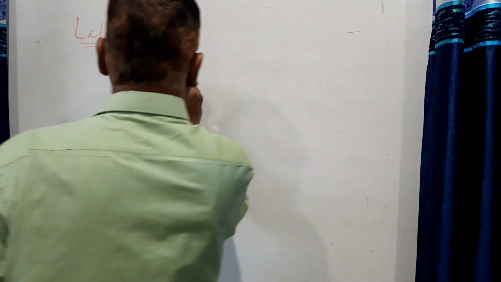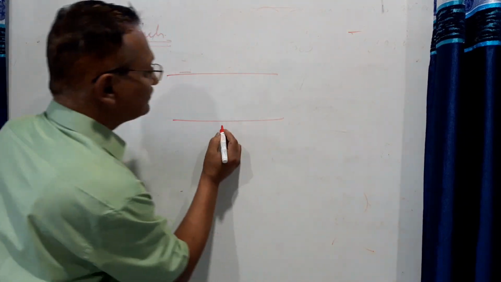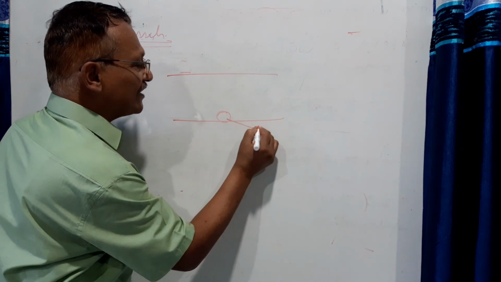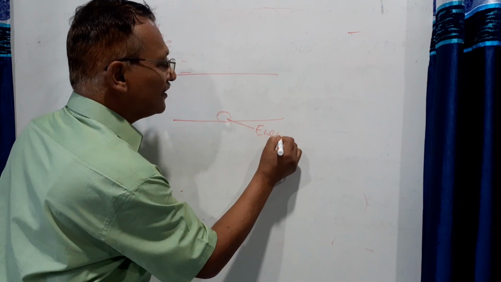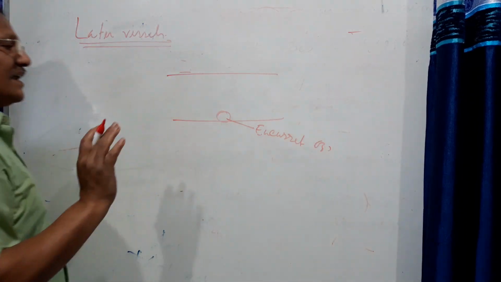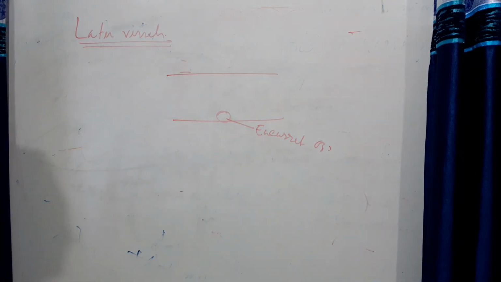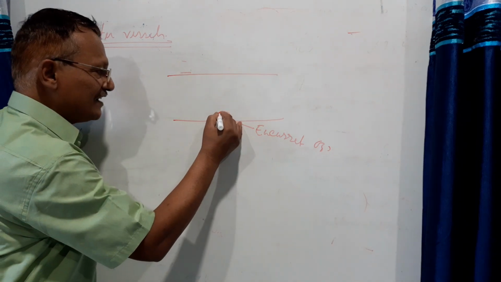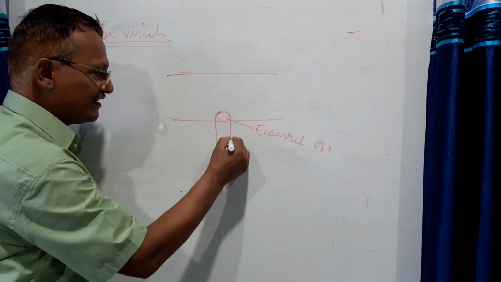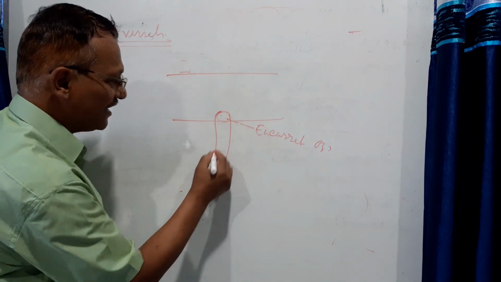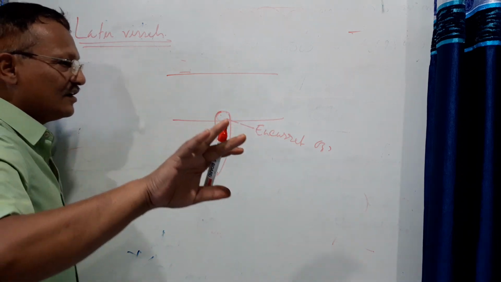Suppose this is the ventrolateral side, and this is the excurrent ostia. These excurrent ostia are joined with a tubular structure called lateral vessels. That means it extends laterally. It is a tubular structure, joined with the excurrent ostia, and extends to the lateral side of the body.